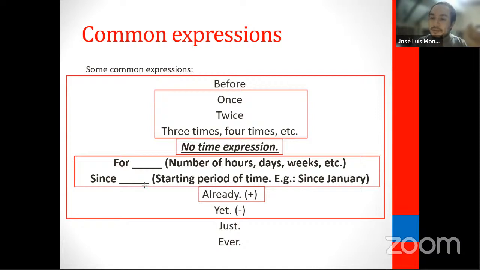Already for affirmative sentences, I have already done my homework, I have already seen that movie, I have already eaten that dish. And yet for negative, right? I haven't done that yet, she hasn't gone to that party yet, etc. Do you have any questions about these expressions? Let me know, please, because we're going to work with some examples.